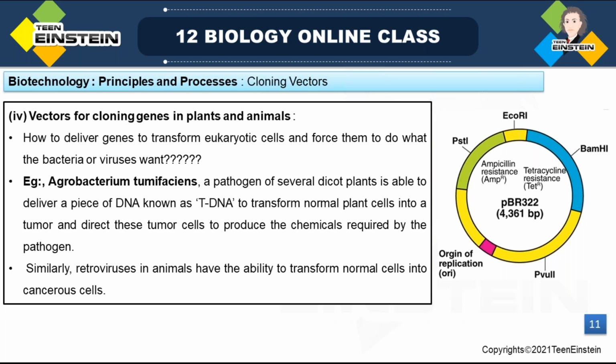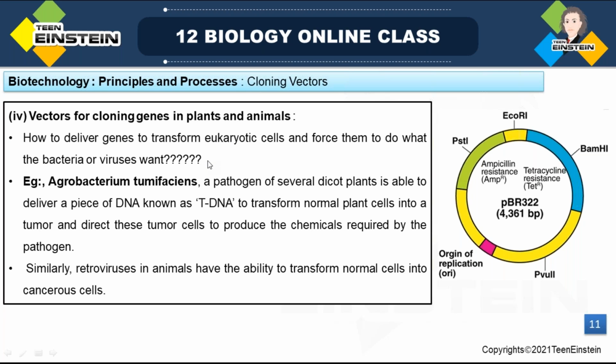For example, Agrobacterium tumefaciens: you know that it is a pathogen of many dicot plants. It is infecting so many dicot plants. Actually, it is a pathogen, so this can deliver a piece of DNA. This Agrobacterium tumefaciens, just as an example, is a vector. Same like this, we can give vectors for cloning genes in plants and animals. That's what we are going to discuss here.